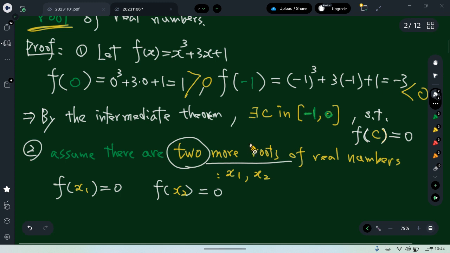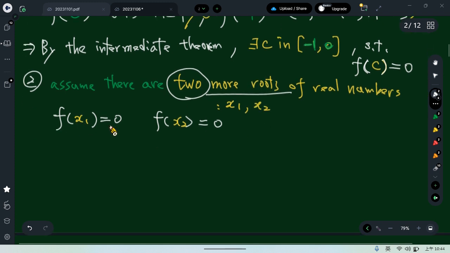If our assumption is correct, f of x1 and f of x2 must be 0 at the same time. So in this case, f of x1 is equal to f of x2 because both of them are 0.